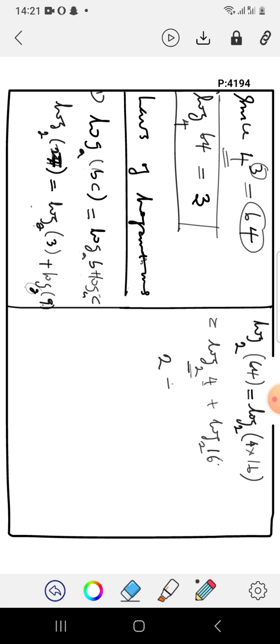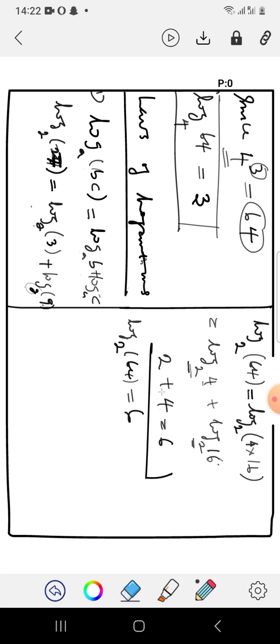That's 2. And log 2 16, what will you raise 2 to the power of to give you 16? I think that is 4. 2 times 2 times 2 times 2. So this is 4, which means it is 6. That is, log 2 64 is going to give us 6 based on what we have worked here.